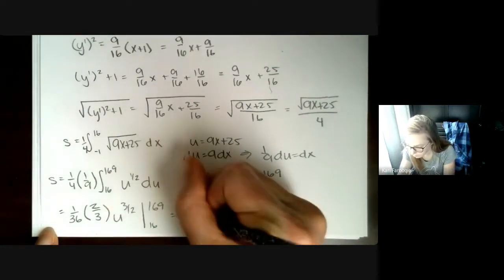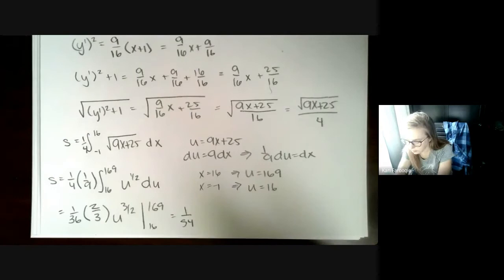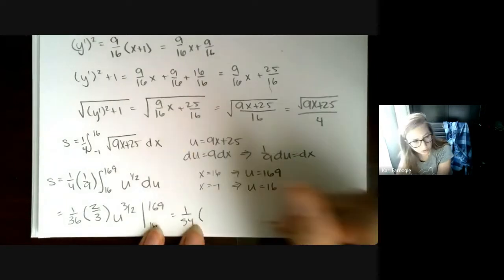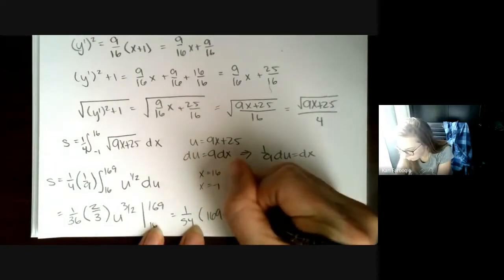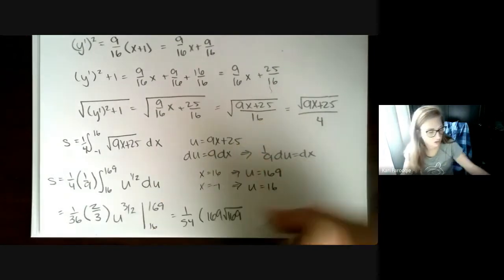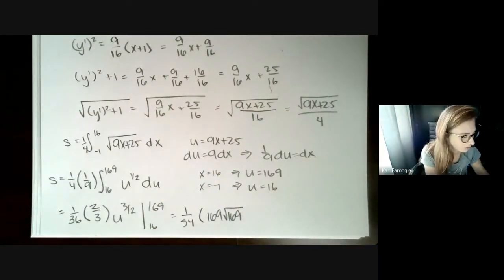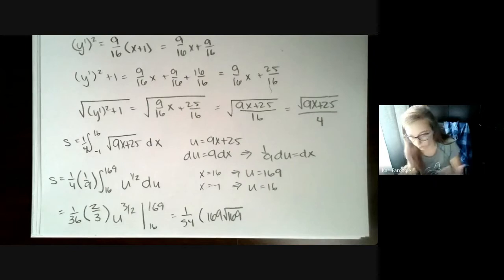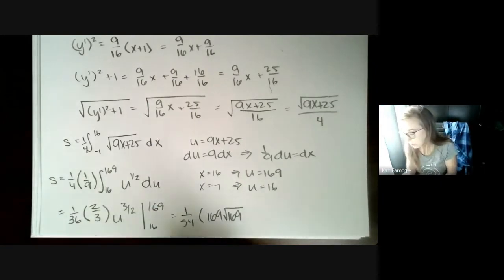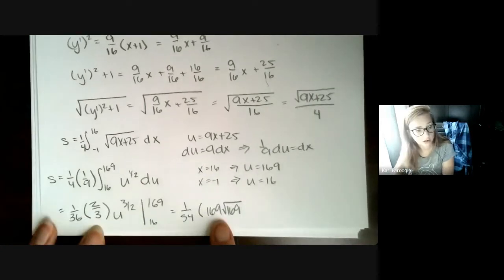In the denominator, I get 54 here, and then I have 169 square root 169. I'm only doing that because I already know the square root of 169. So I figured writing it as a 3/2. You could evaluate it in your calculator, but I thought it'd be better to write it like this.